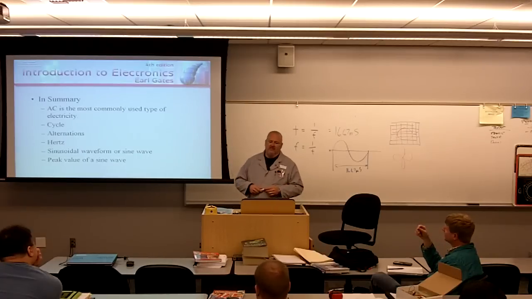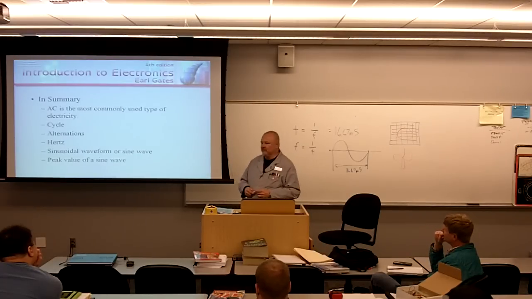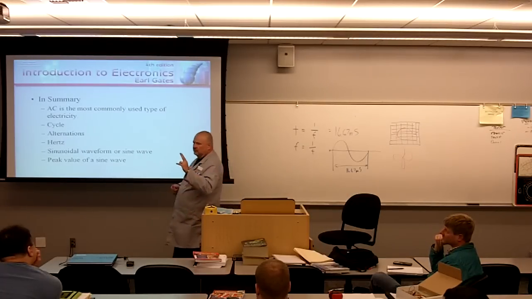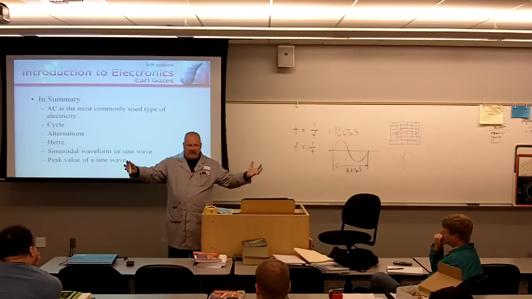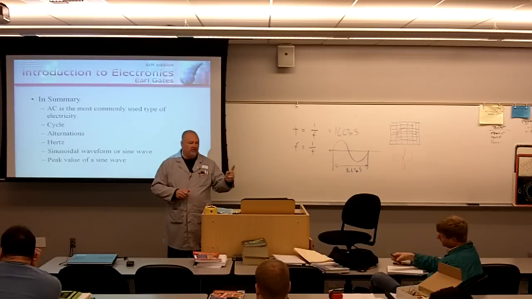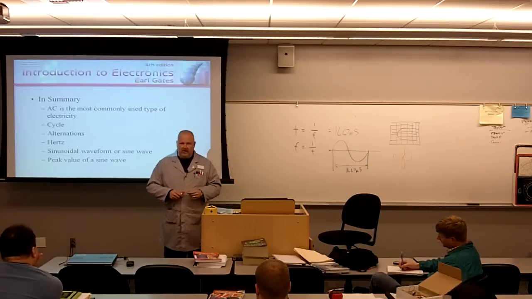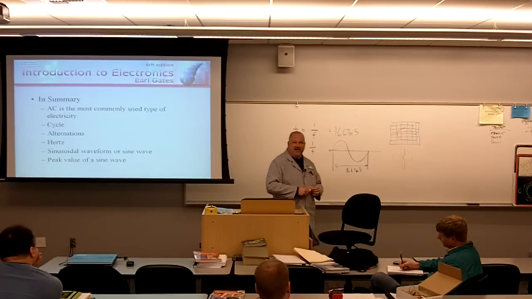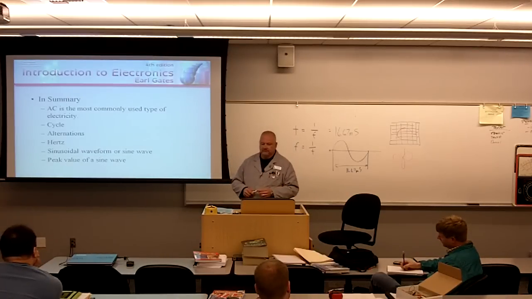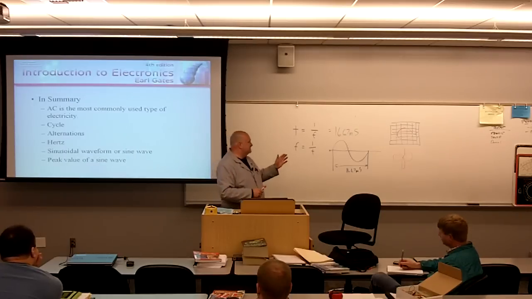In summary, AC is the most commonly used type of electricity. AC comes in 2 flavors: power, to power cities, communities, buildings, and signals. Signals basically is anything that has intelligence behind it, from DC to daylight. A cycle is the amount of time it takes for a waveform to repeat itself.